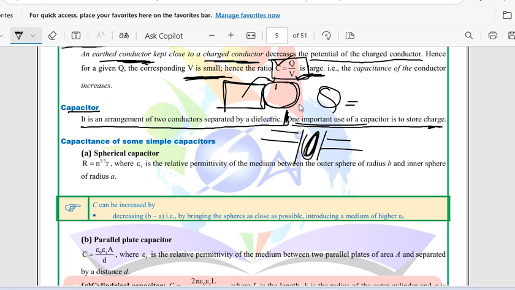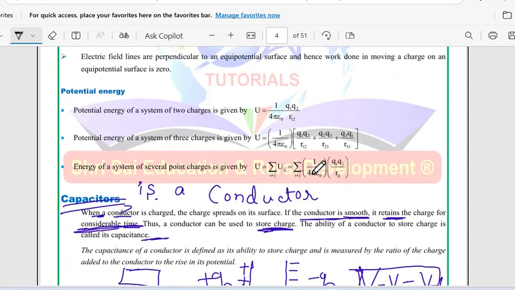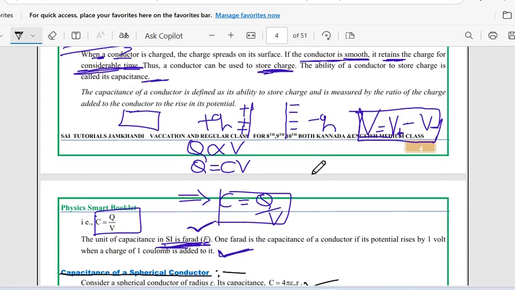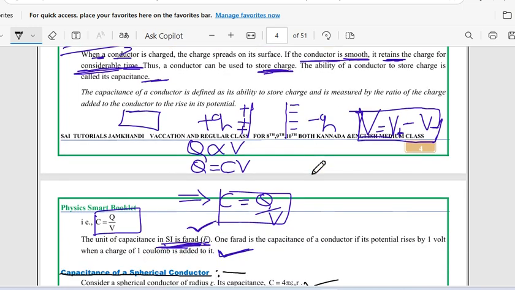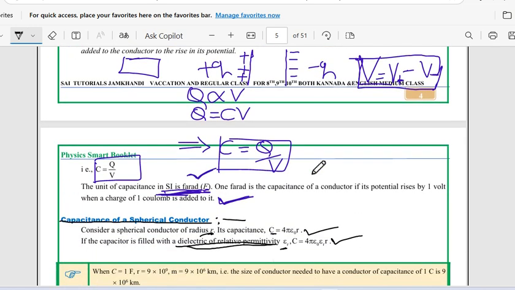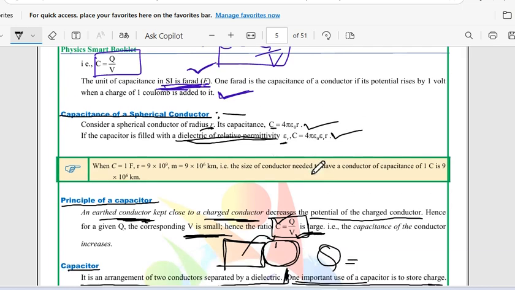So dear students, today we have discussed what an electric conductor is, the properties of an electric conductor, what a capacitor is and what capacitance is, how it is denoted, the SI unit of capacitance of the capacitor, its dimensional formula and its notation.